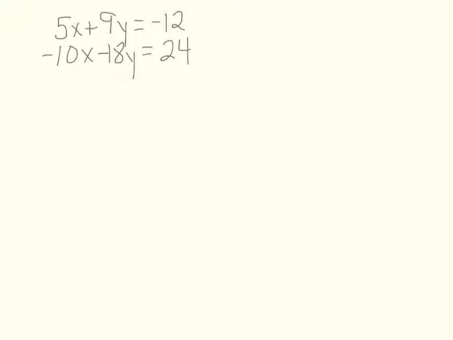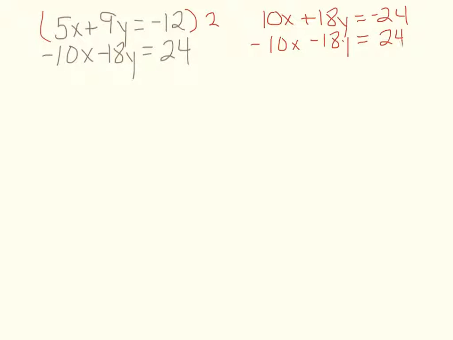Okay, if we were to solve this using elimination, I could multiply this top equation by 2, which would give me 10x plus 18y equals negative 24. And then the bottom, I'll just bring over here. Notice when I go to add it though, everything is opposite. We get 0 equals 0. If I were to change these signs, you would see they're actually the same equation.